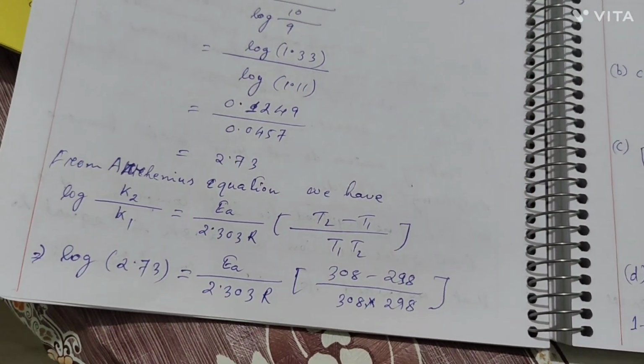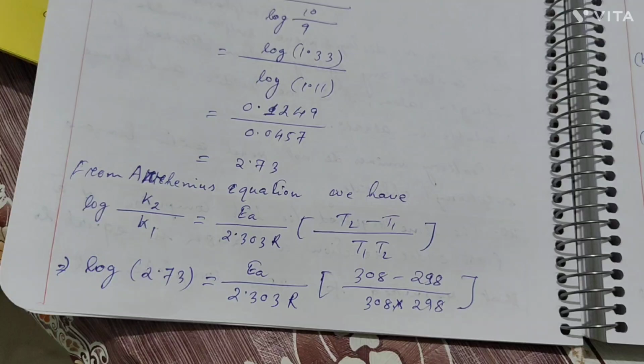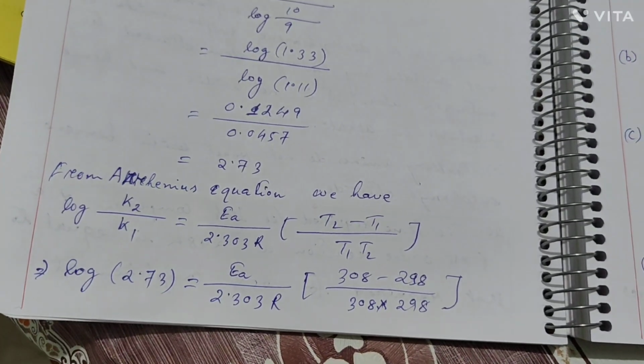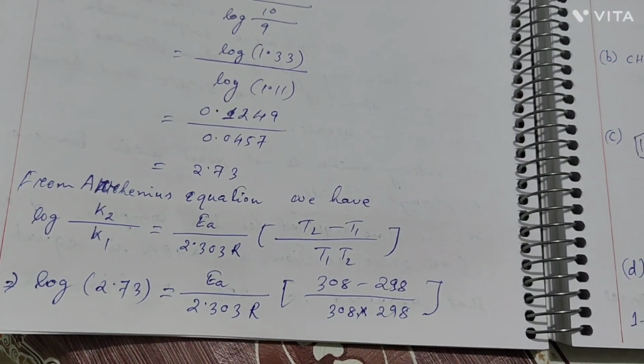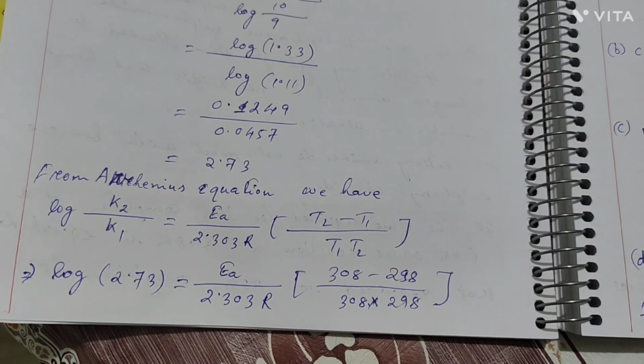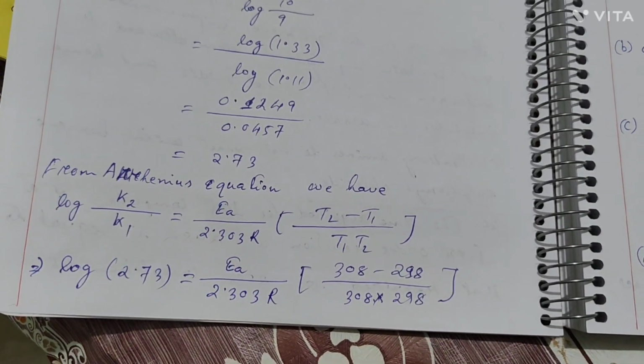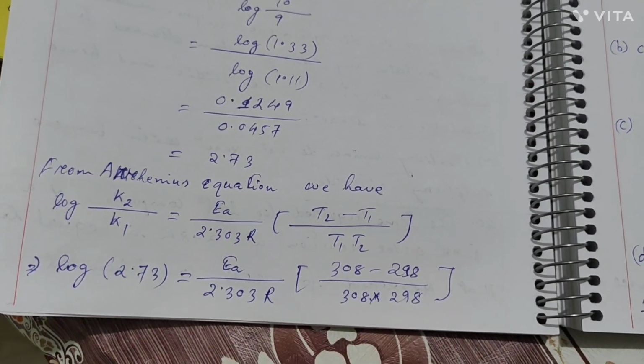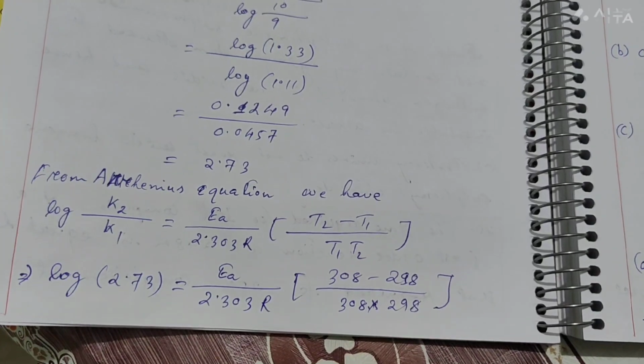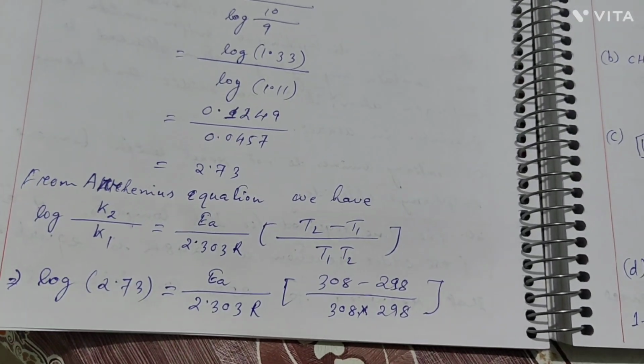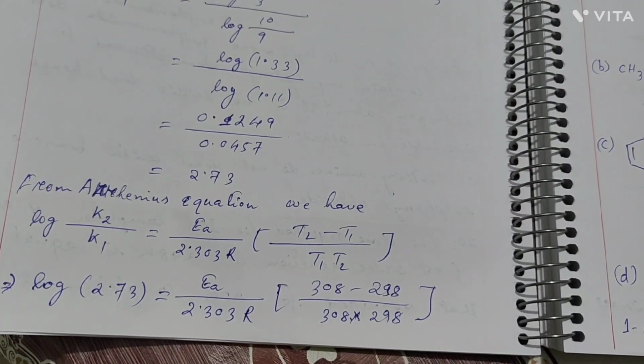From the Arrhenius equation, we have log K2/K1 = Ea/(2.303 R) × (T2 minus T1)/(T1 T2). Put the values: log K2/K1, which is log 2.73, is equal to Ea/(2.303 R). T2 is given 308, T1 is 298.